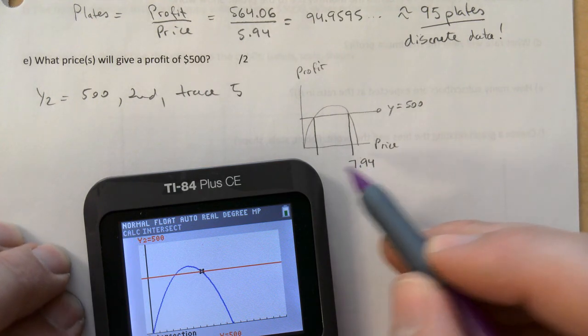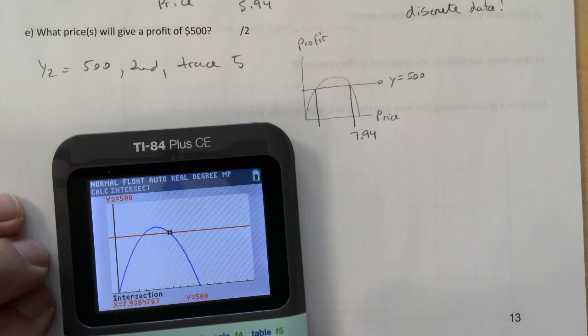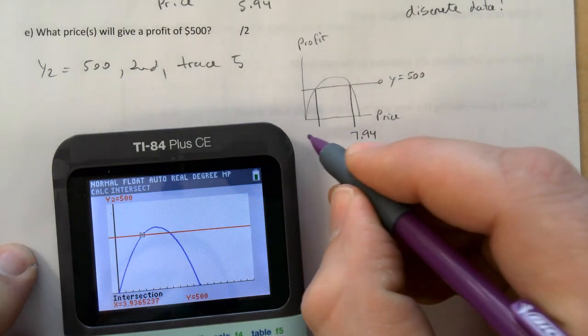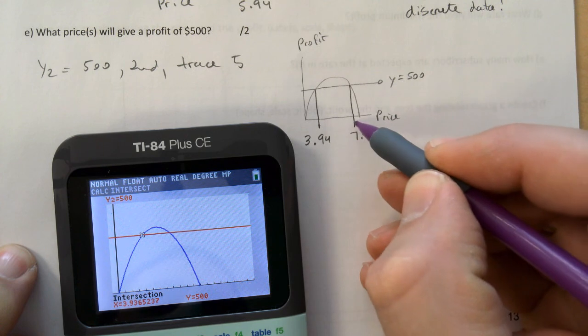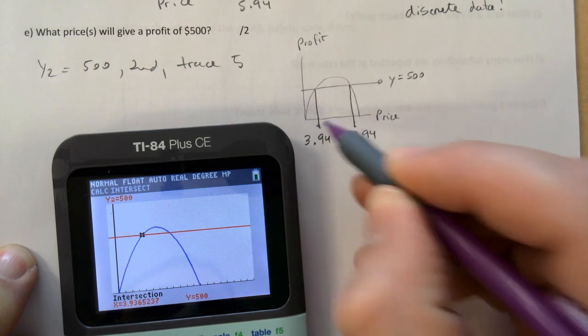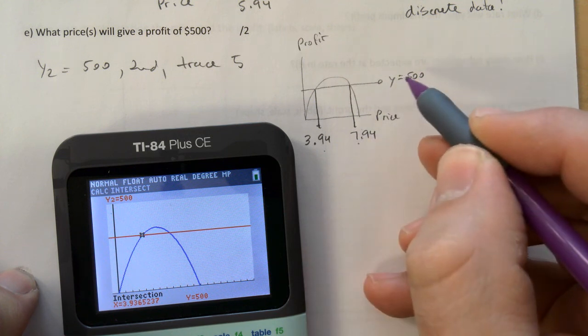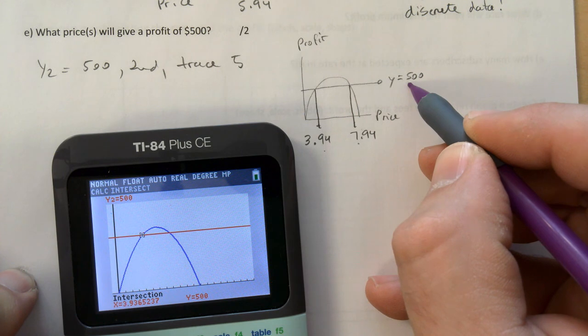Yeah, if you're planning on subtracting these, like the time spent at or above, yes. But in this case, I'm not planning on doing that. Enter, enter, enter. 3.94 is the first. So these are the two prices that you can set to make a profit of 500 bucks. It happens twice. Okay.